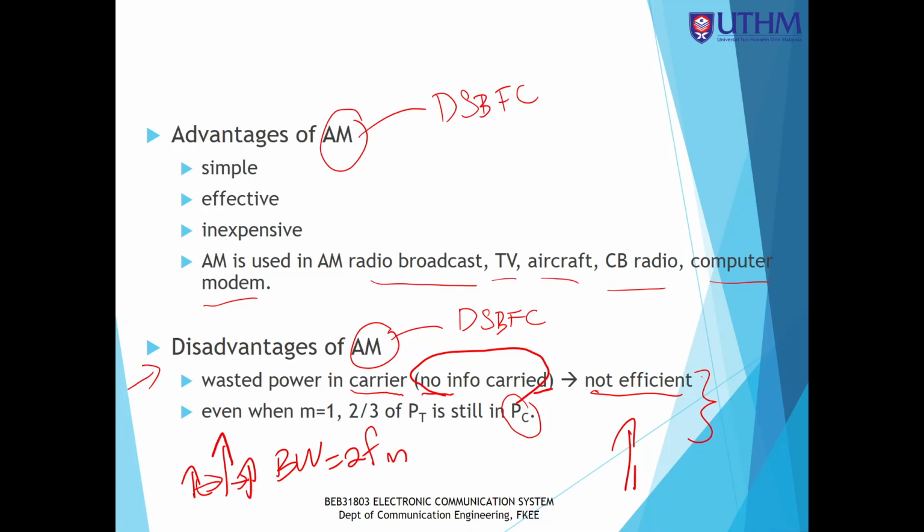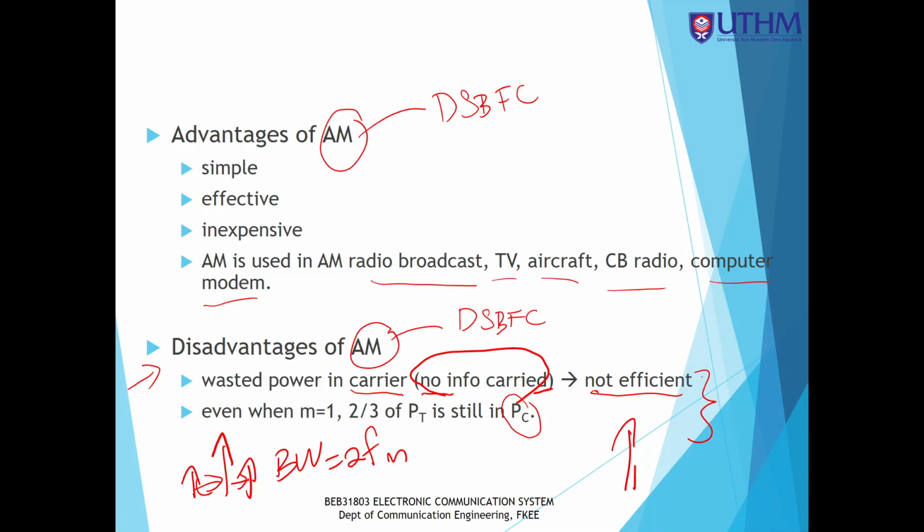Okay, so maybe we need to calculate, see the example. Example 3.2: 400 watt of carrier power is modulated to a depth of 75%. Calculate the total power in the modulated wave. So this is for the double sideband full carrier. This is simply an AM signal, which is referring to double sideband full carrier.